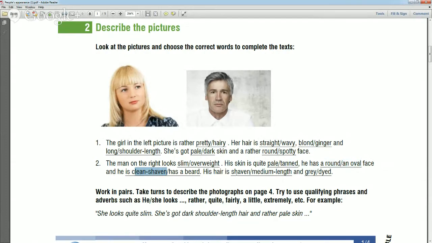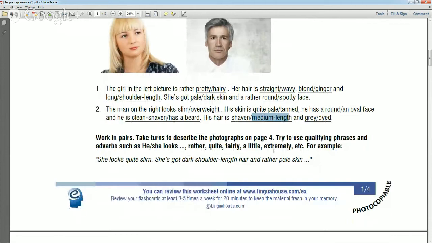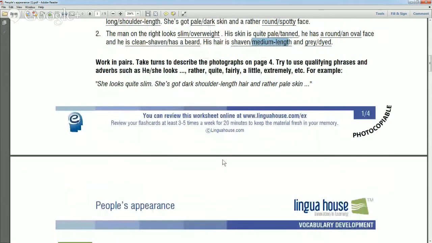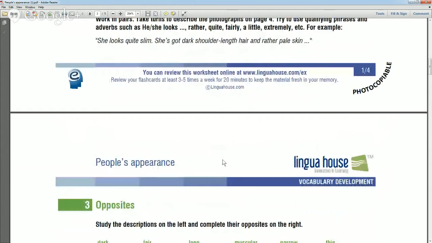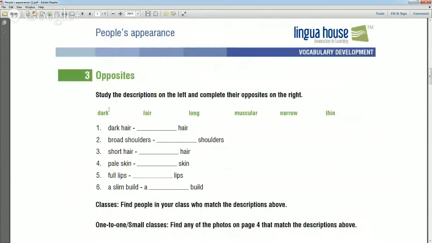His hair is medium length and gray. So he's got gray hair. Now, let's go on. We have opposites. Let's study the descriptions on the left and complete their opposites on the right. We've got dark hair, fair hair.